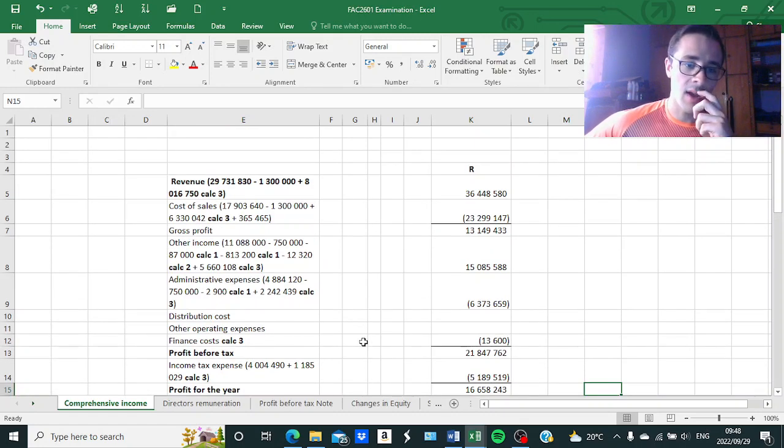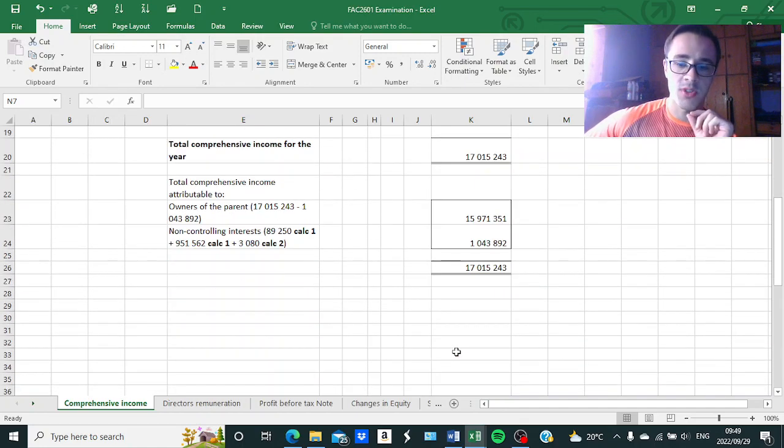And I believe for the next lesson, I'm still deciding in which order I'm going to do it, I will be working through question 12 in tutorial letter 102, in which the group was formed in a previous period. Okay, so we will then see how we're supposed to calculate all our respective amounts.